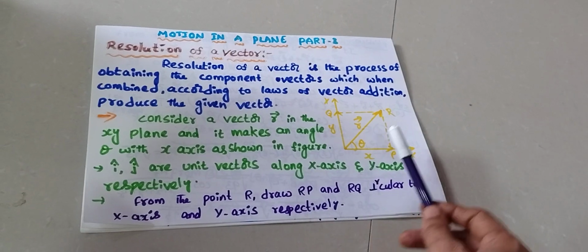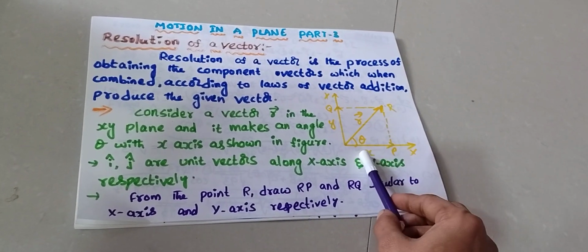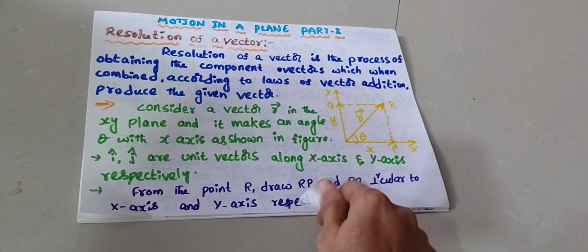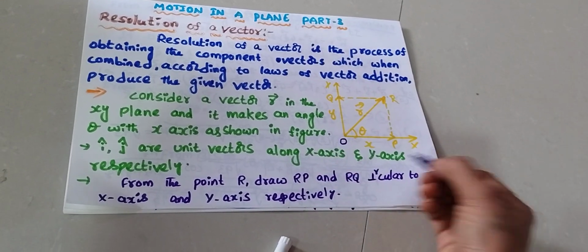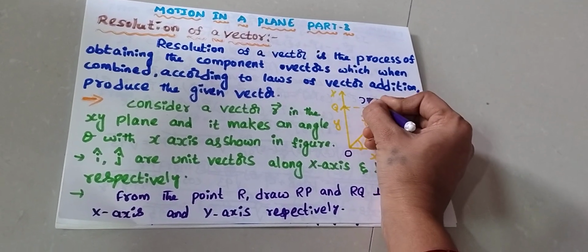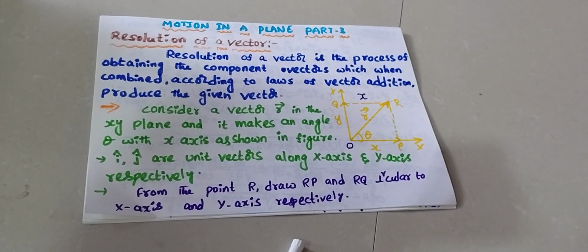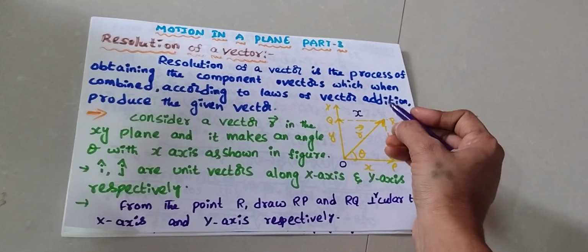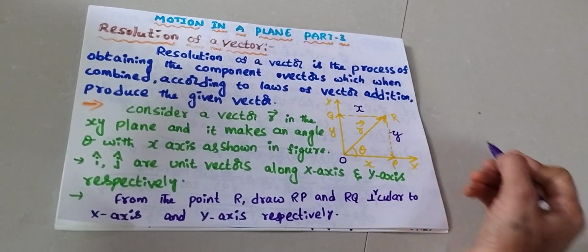Let us consider this is a rectangle. OP is x, and QR is also x. OQ is y, and PR is also y.